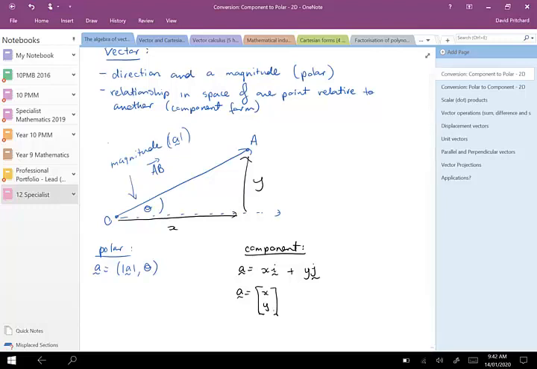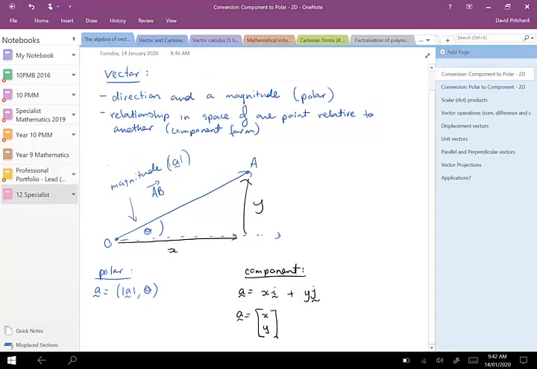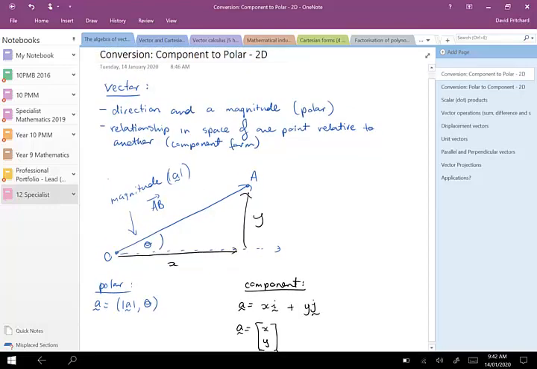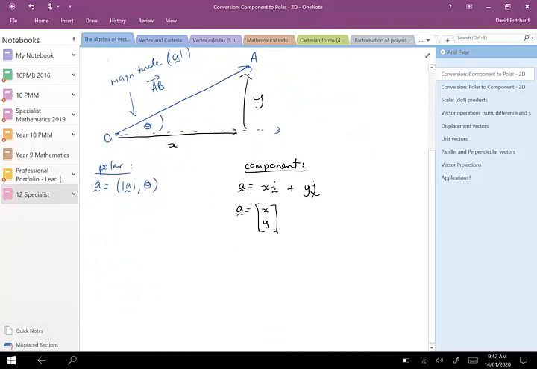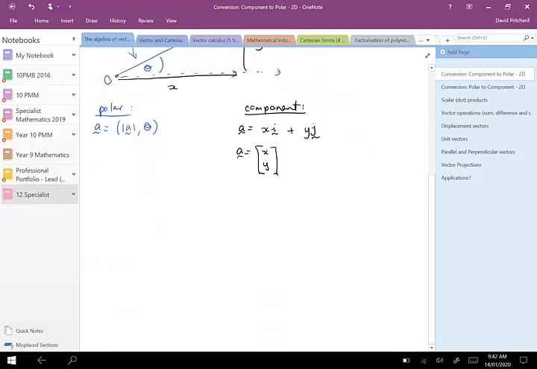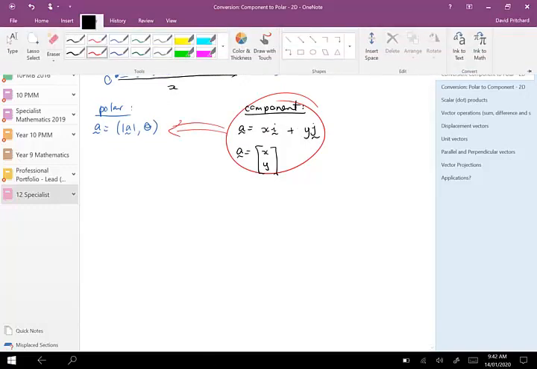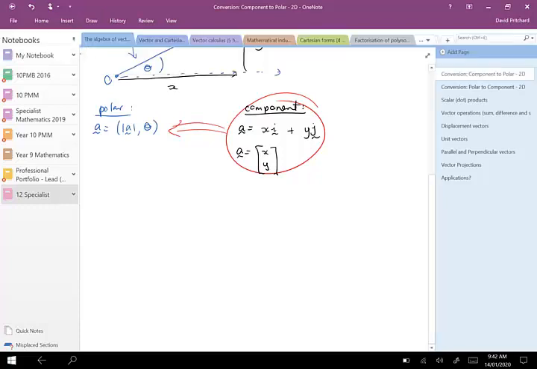All right, so what we're doing today, and the focus of this lesson, is to convert between component and polar. So from component to polar form. That means we need to take what we have here, and we need to be able to calculate that magnitude and direction. Okay, so this will be nice and simple.